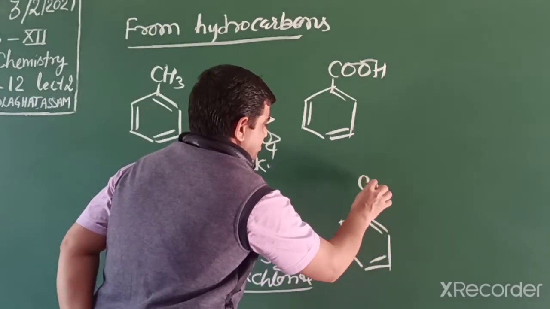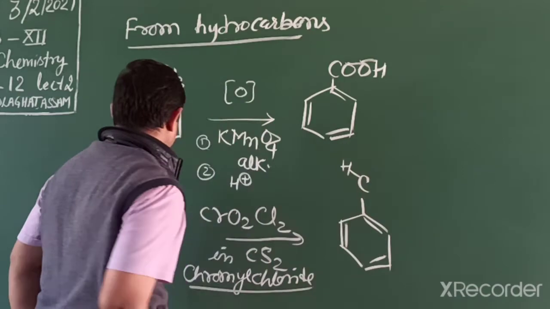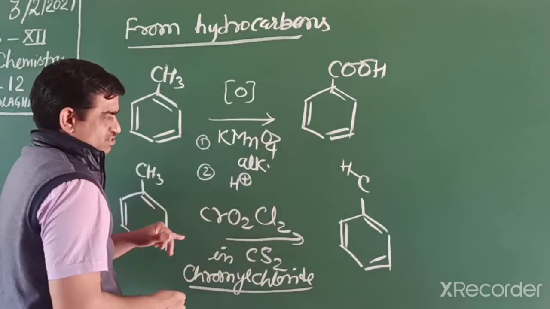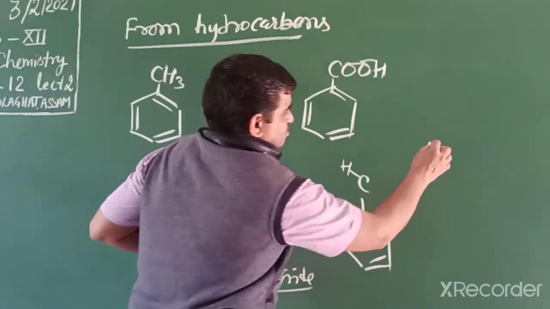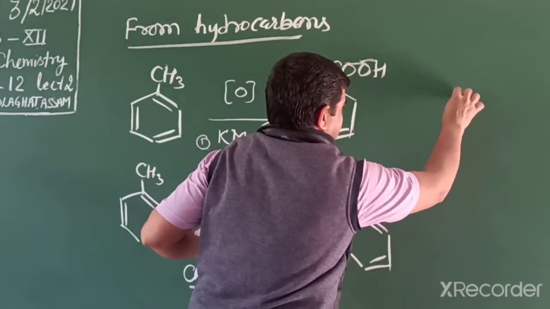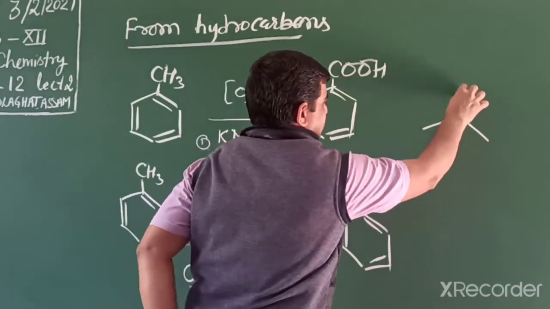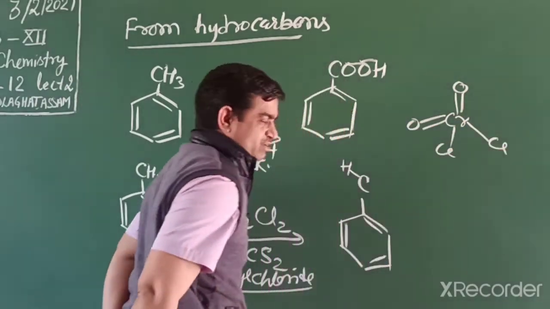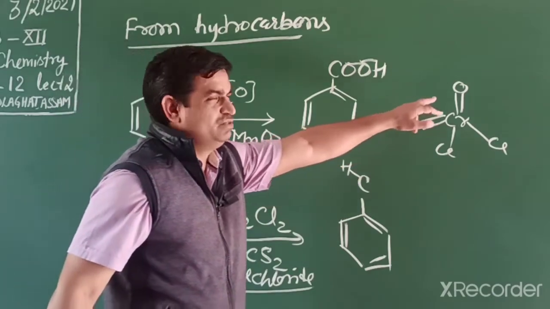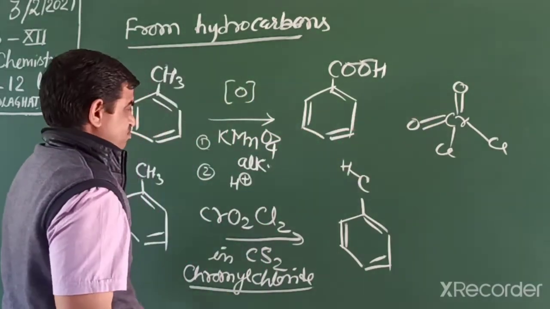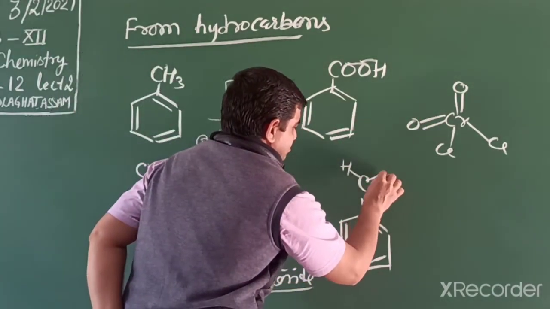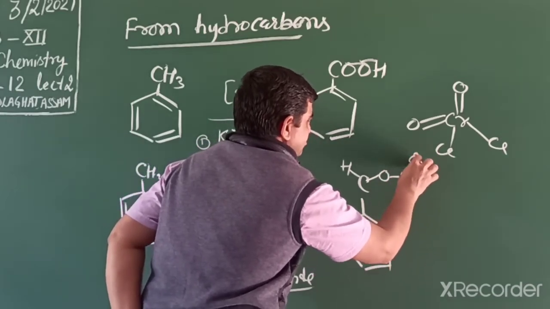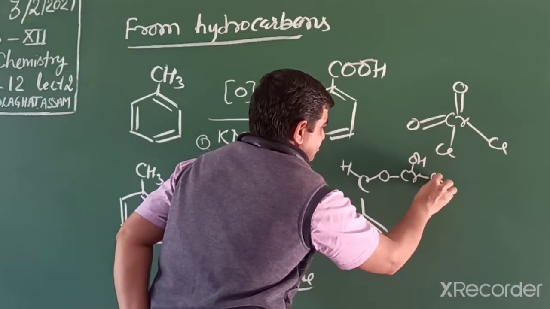First we have to understand the structure of chromyl chloride. We can write the chromyl chloride structure like this: tetrahedral. It reacts with oxygen and gets bonded, we can write in this way.